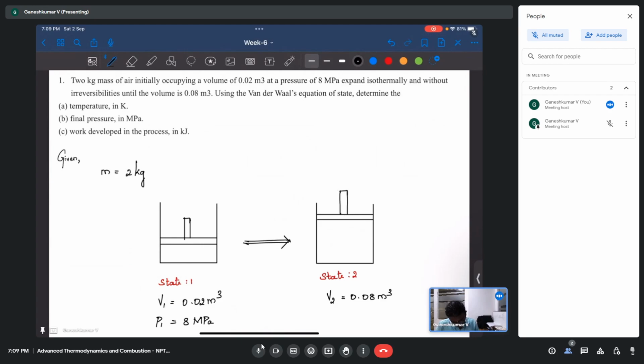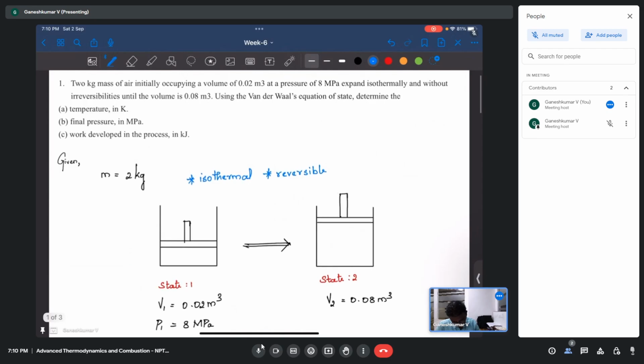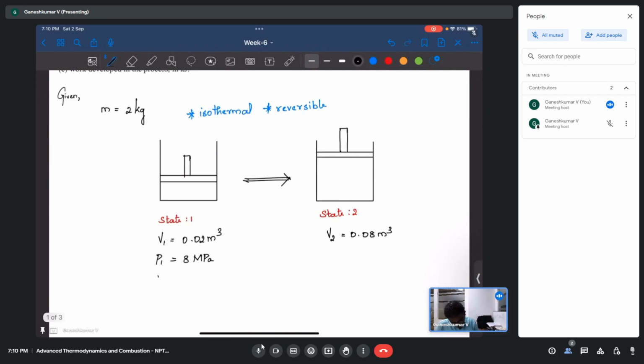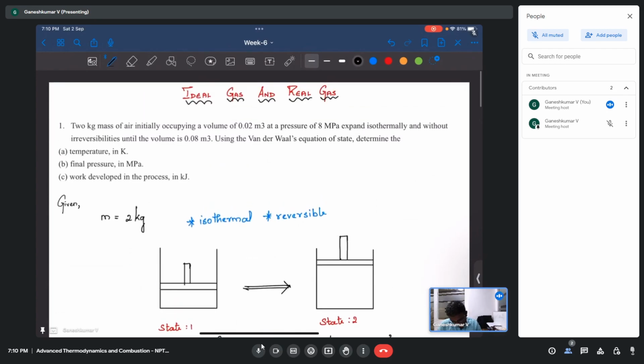What has been said is it's an isothermal process without any irreversibility, which means reversible. Reversible isothermal process. Since it's isothermal, there is some T1 and some T2, where T2 is nothing but T1.